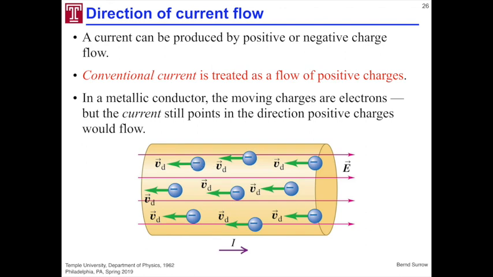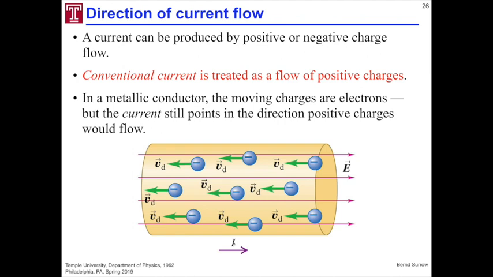So imagine you have here a parallel plate, to the left positive, then to the right you have a negative plate. That gives rise to the electric field, and negative charges would move to the left here. But by convention, current is treated as the flow of positive charge. So you see here the electrical field is directed to the right. The flow of the negative charges is to the left here. The current is defined relative to the direction of the underlying electrical field of those charge carriers, but of course relative to positive charges.